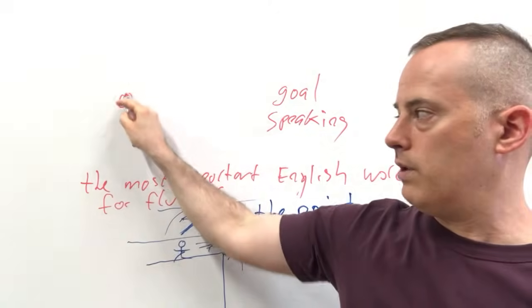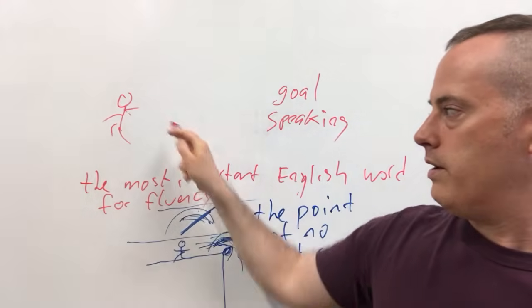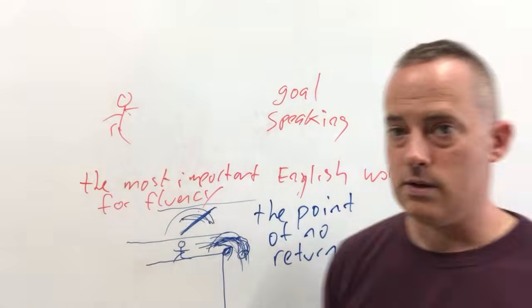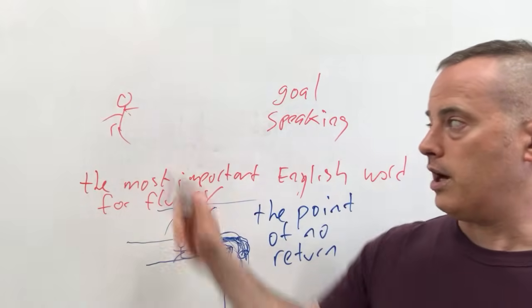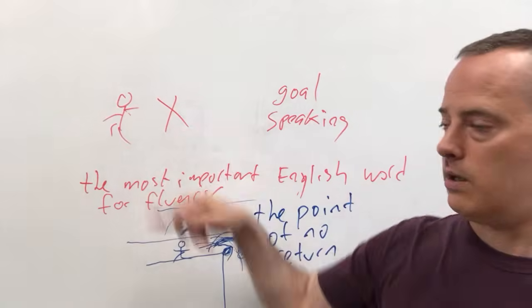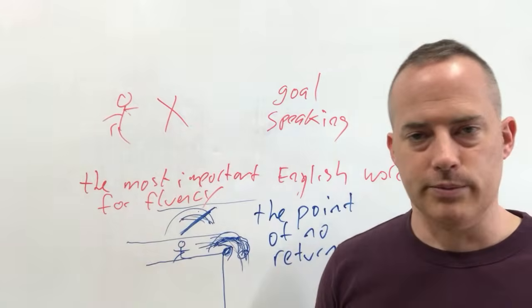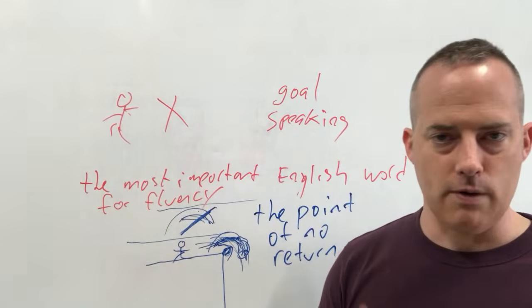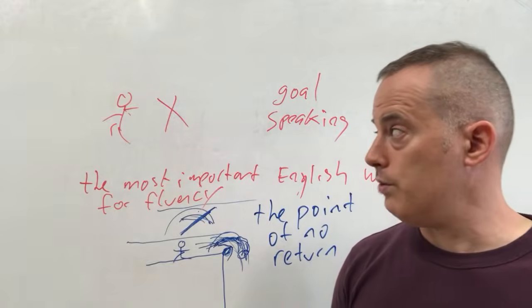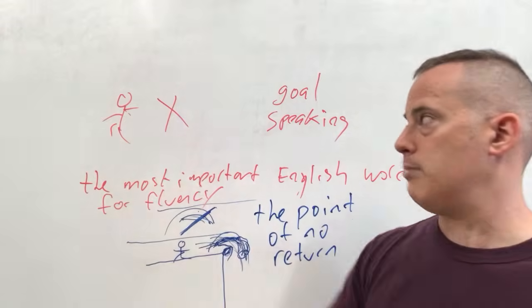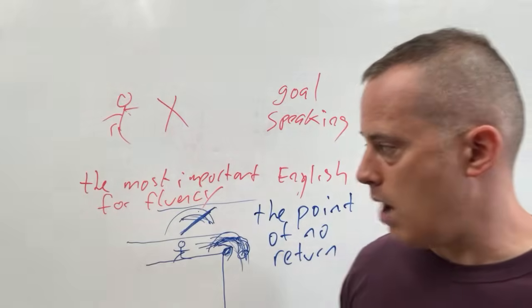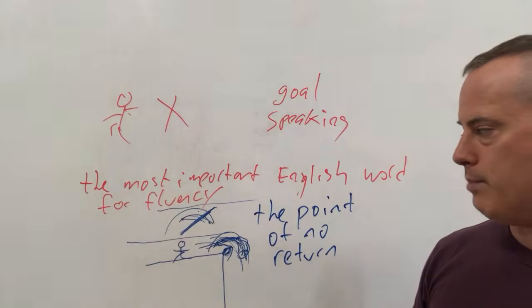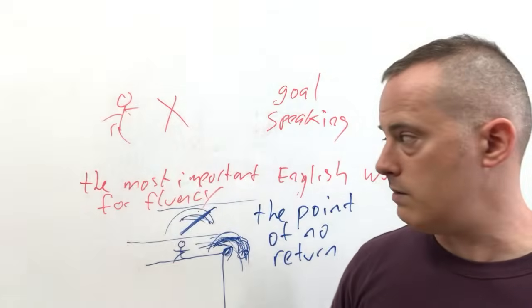So the person is over here, and they want to reach this goal to communicate fluently, to speak and express themselves, but often they are blocked because of various problems, like forgetting words or struggling with grammar rules. They can often understand, but the problem is they lack certainty. And that's why I often say that the most important English word for fluency is certainty.